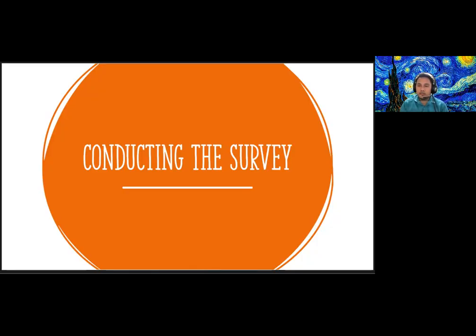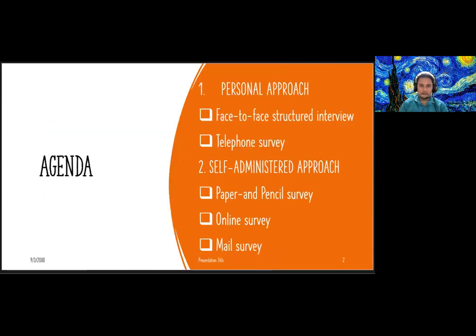So here are the different methods. Later on, you're going to find out what the different methods in conducting the survey are. We will tackle 5 different methods that fall under 2 categories. So let us start. These 5 methods fall under 2 approaches.